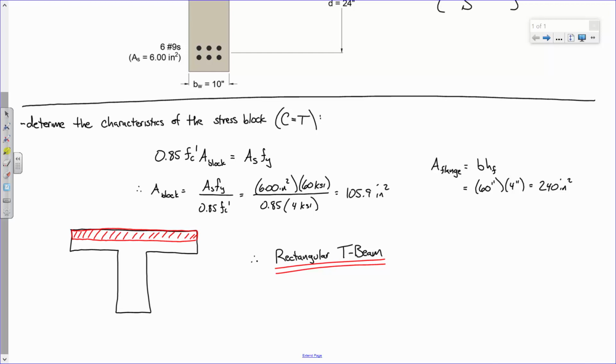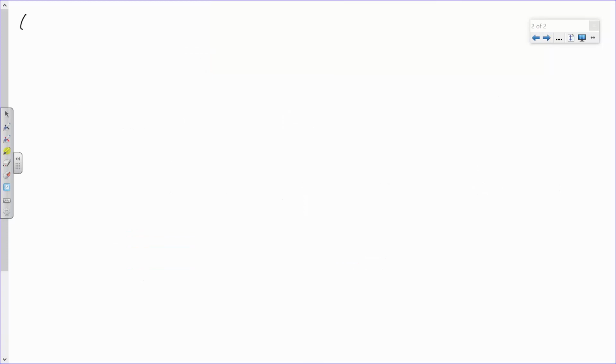So for this T-beam, this problem is no different than any of the problems we've done before. A is computed the same way: As fy over 0.85 f'c b.